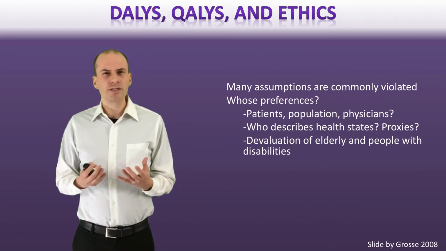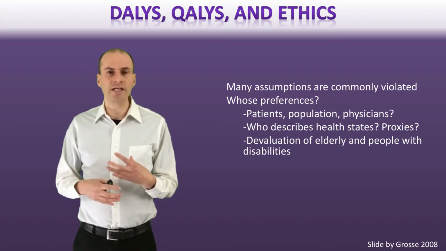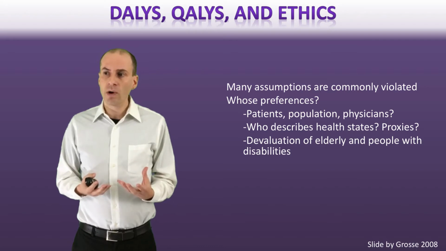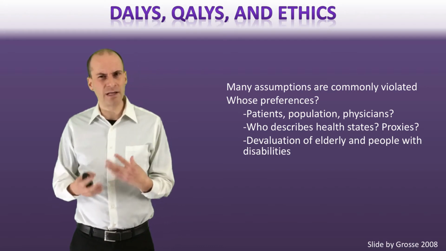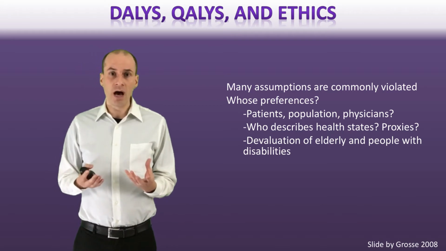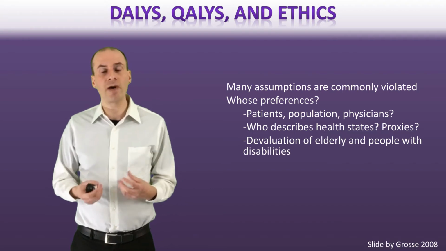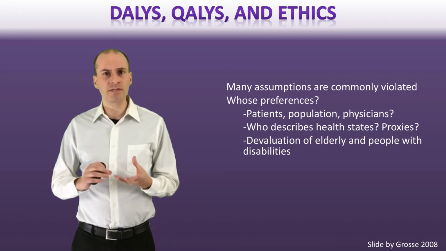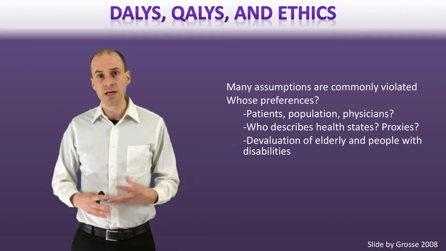All right. So what are some ethical concerns about this strategy for thinking about health? Well, one is that there's some assumptions that are violated by doing these strategies. So, for example, we very often think we have a duty to rescue, right? So this comes into play when we think about acute situations that are very serious.